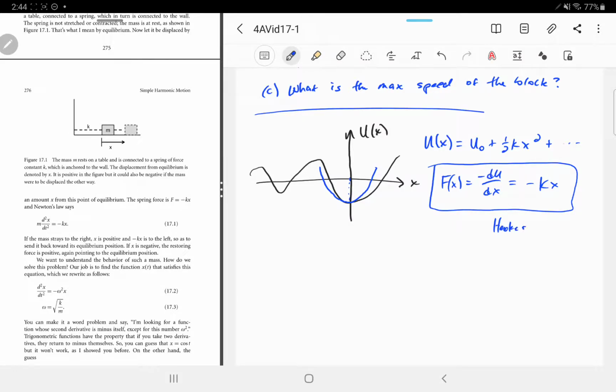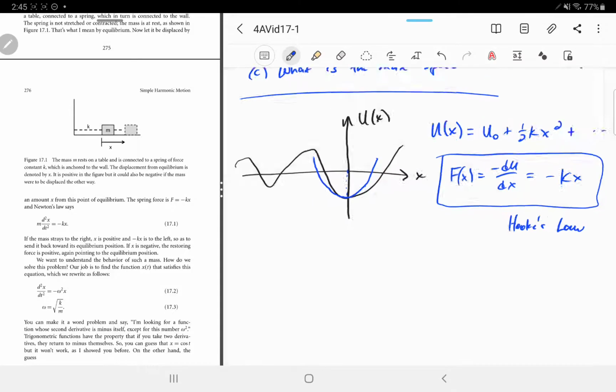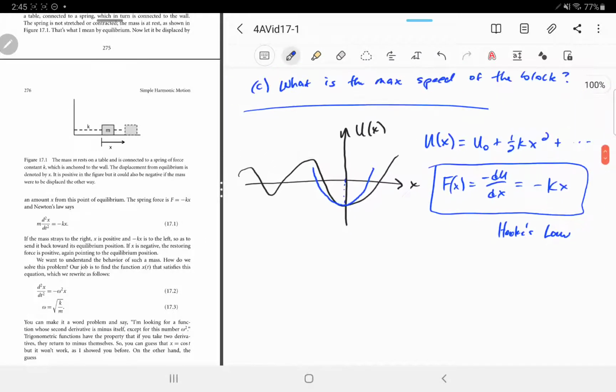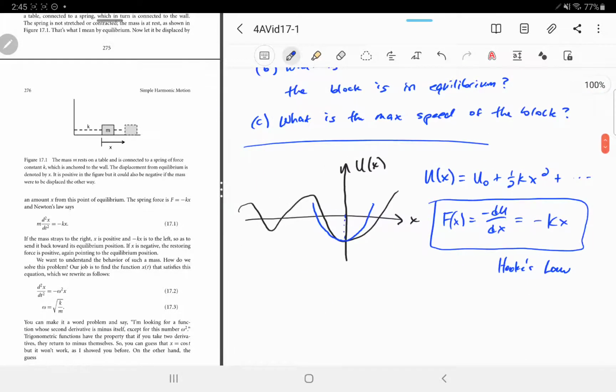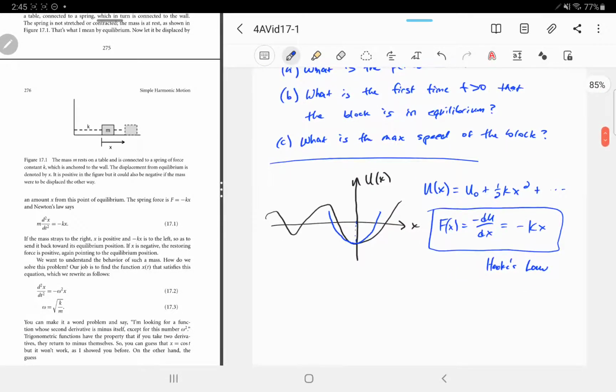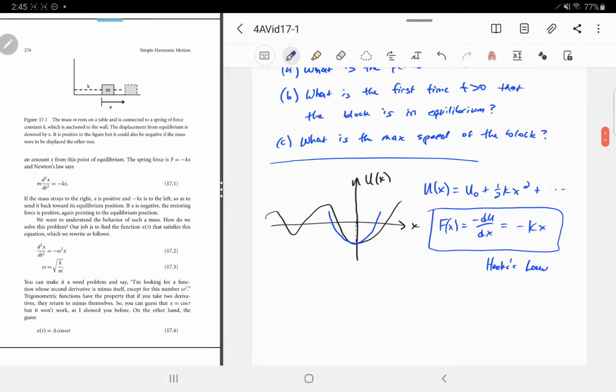So just to be consistent with Hooke's law, the interpretation of k, in addition to being the second derivative of the potential energy function, is that it's also the force per unit length exerted by the spring, or more generally, whatever object or interaction the potential energy function describes. Your book talks a lot about a spring, but this is more general than that.